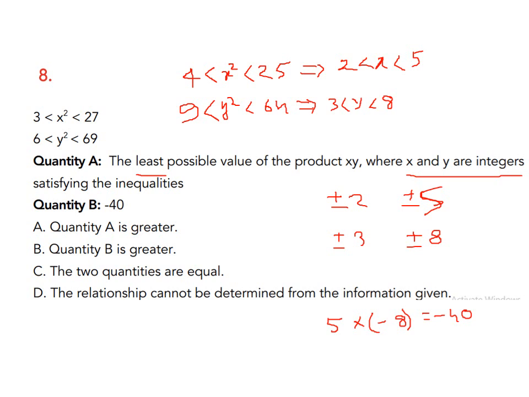Note that the root value could be positive or negative. So we get plus or minus 2, plus or minus 5, plus or minus 3, and plus or minus 8. The least possible value would be minus 40, that is positive 5 times negative 8. Quantity B is given as minus 40, so the answer will be option C.